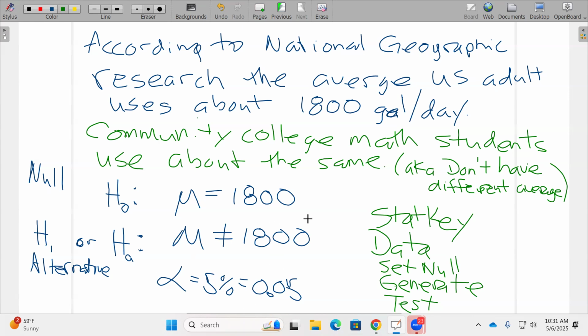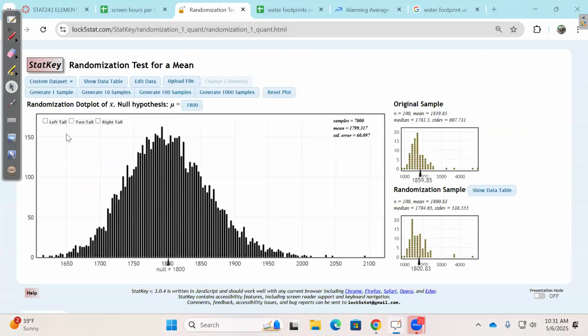So because of our alternative hypothesis, our test is two-tail. So alternative picks the test, and in this case, it's a two-tail test. All right, so back to StatKey, and then we'll draw a sketch of it. So I'm going to pick two-tail. Now that's not enough. I have not applied the sample data yet.